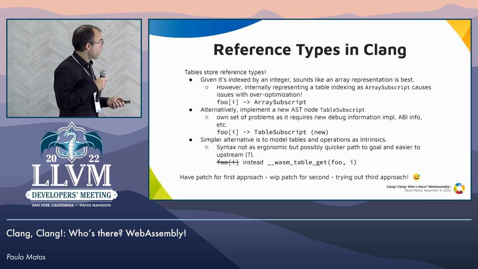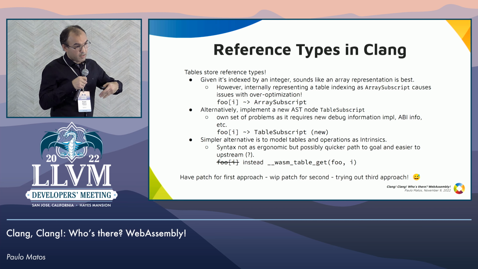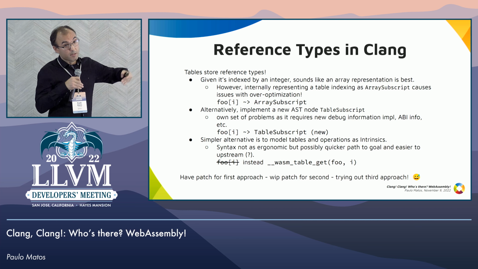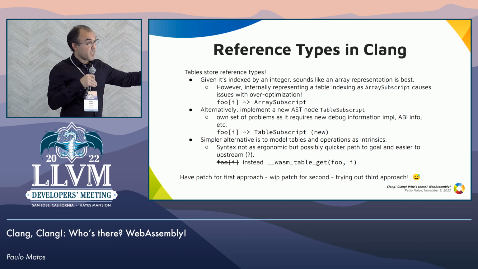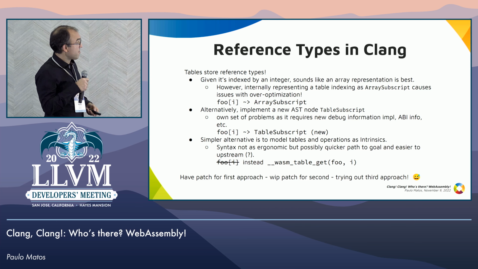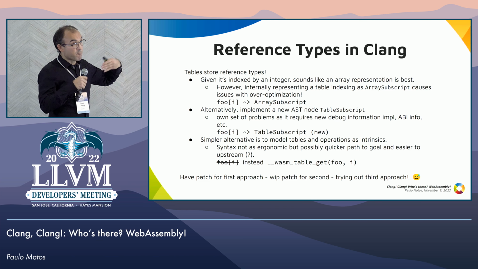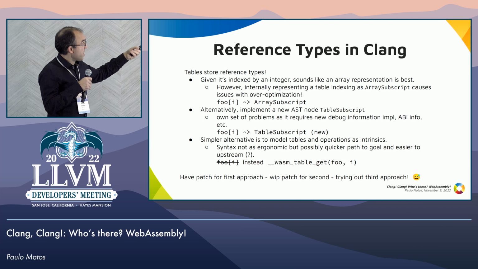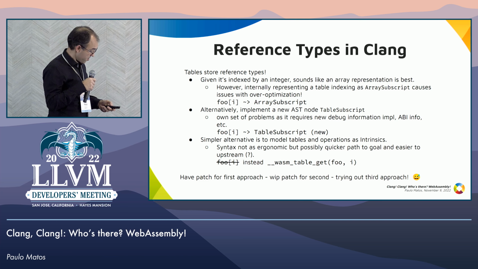Our hope is that we will get something quickly using the third approach, so an end-to-end example of using reference types all the way from C++ to WebAssembly. And if we can get this end-to-end example, then we can work out where we want to go from here and work on a nicer solution using the second approach.